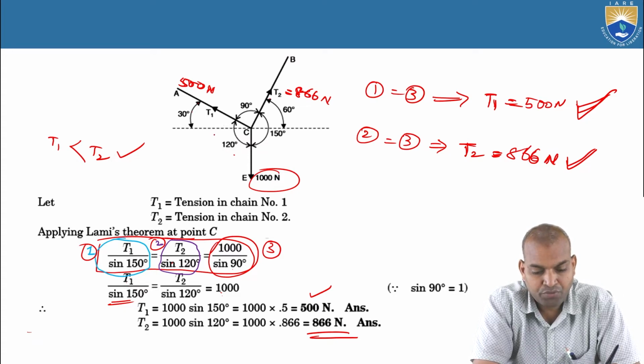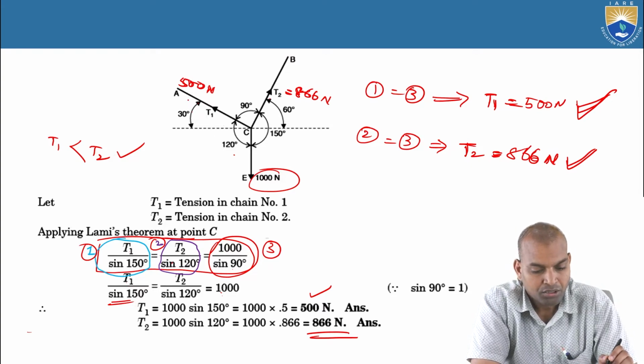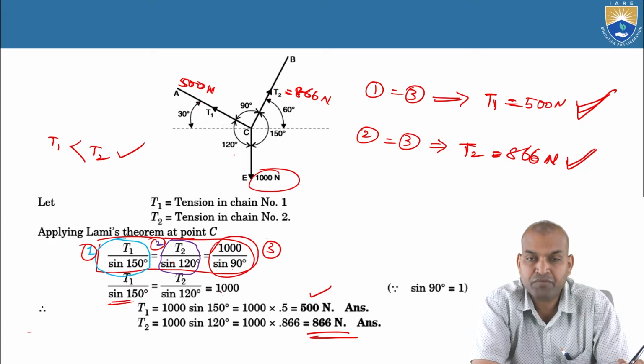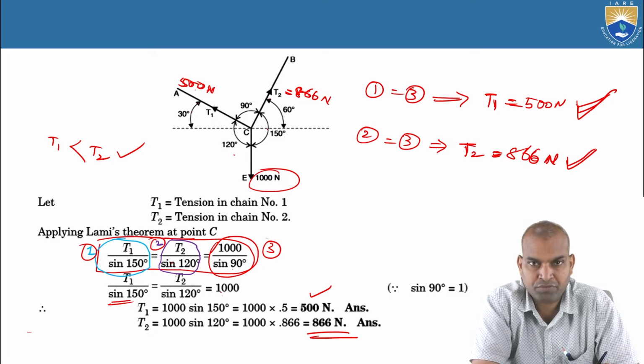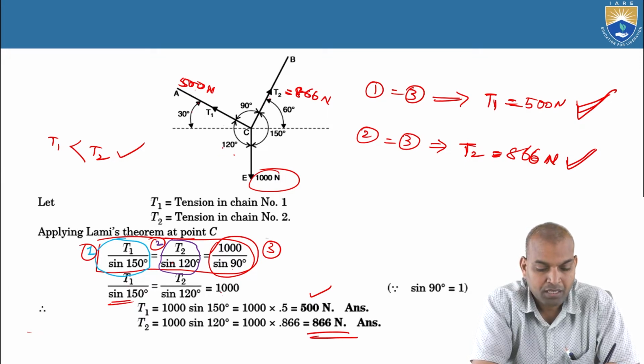Very important: T1 is proportional to the sine of the angle between the other two. That means T1, 500 newtons, is proportional to sine 150, whereas T2 is proportional to sine 120.